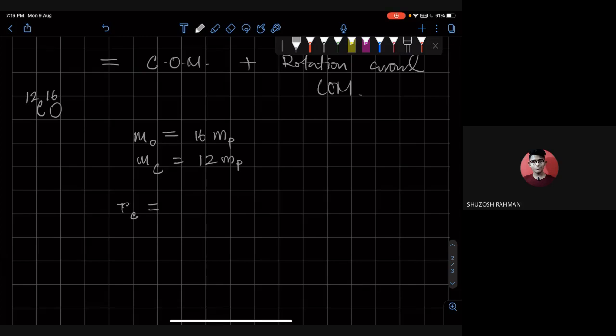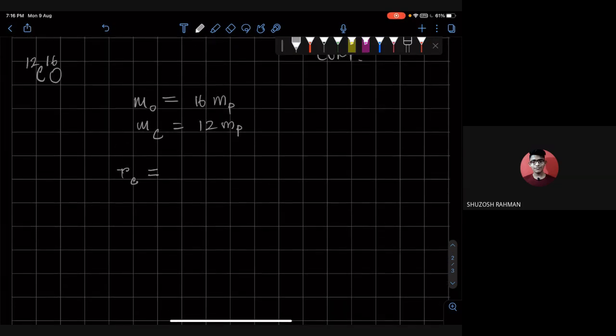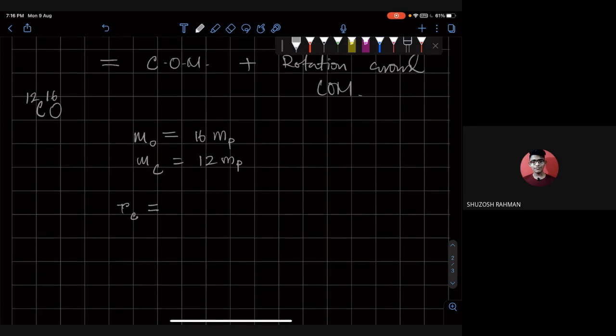So if the distance between them is S, and the total mass M is M_O plus M_C, ignoring the electron mass, then R_C will be M_O over M times S, right?